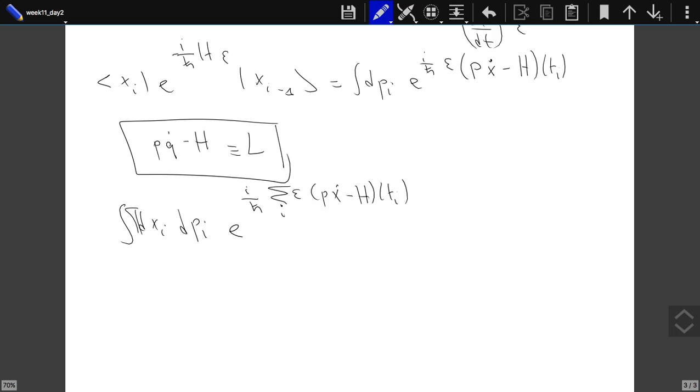Well, in that limit, that is nothing but an integral from 0 to, let's say, final time t.